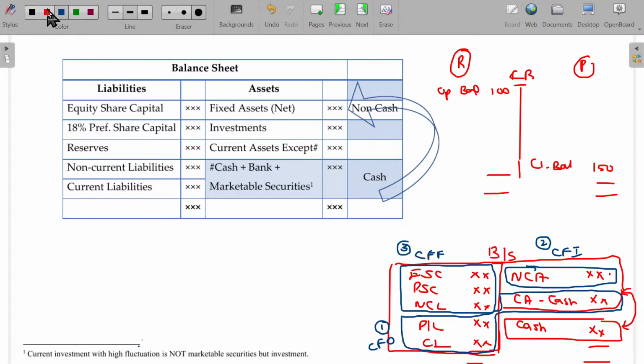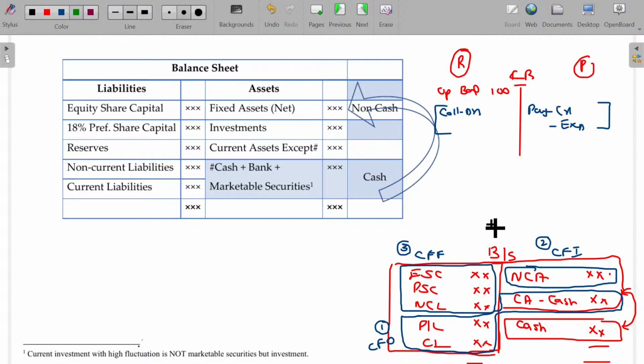So let's see. For the cash from operations, receipts being what? Collection from debtors. Payments being payment to creditors or some expenses also paid. This set will be for cash from operations. Now, in case you sell the asset, decrease in non-current assets is realized in the form of cash.